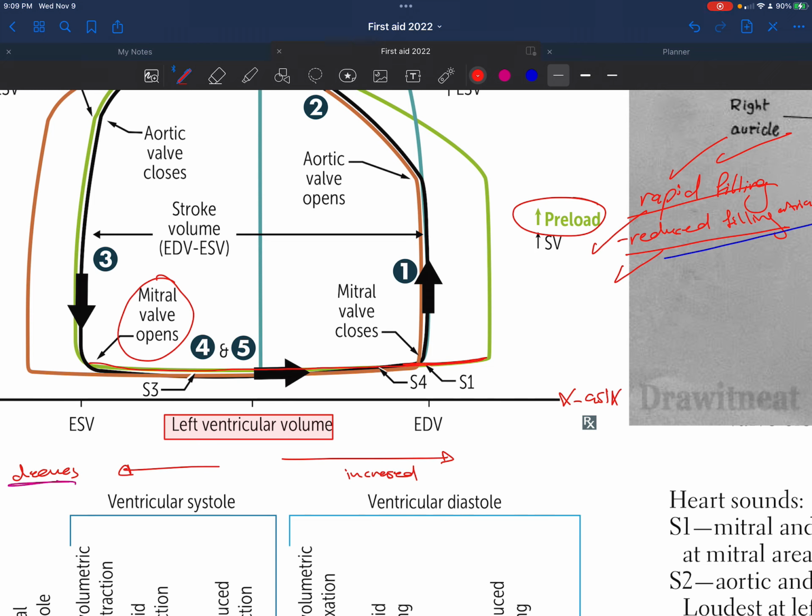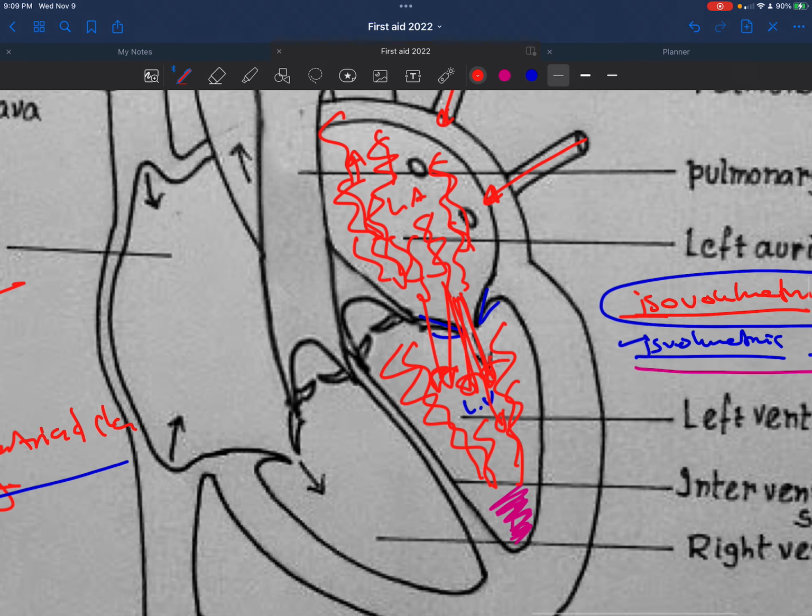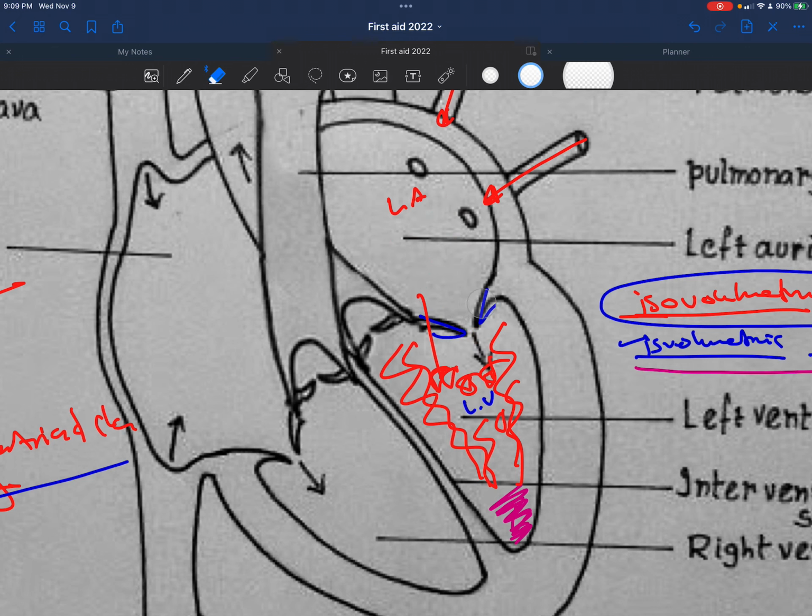So it's filling more than the black line over here. So this is where now the mitral valve closes. Now all of this blood has moved into the left ventricle. So now the mitral valve decides to close. And we know meanwhile that the aortic valve is closed.